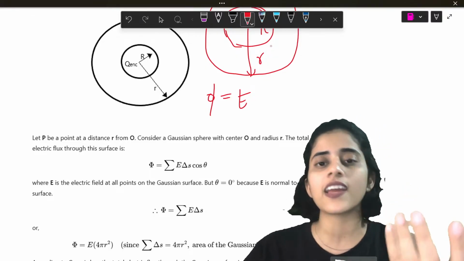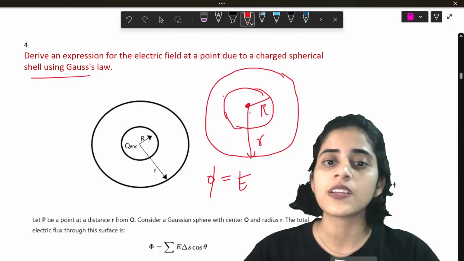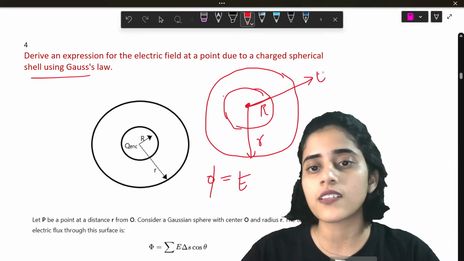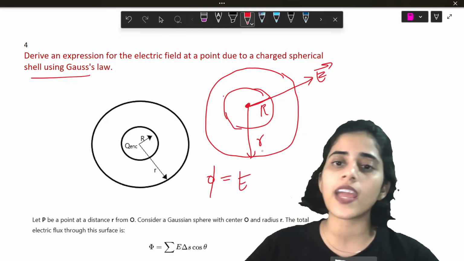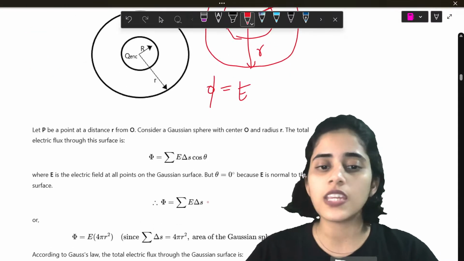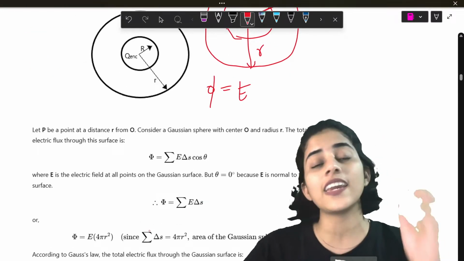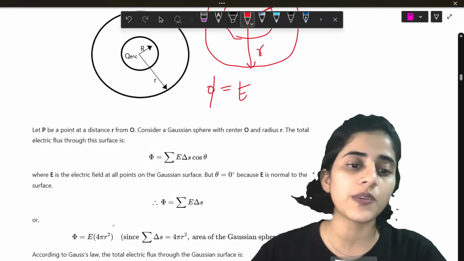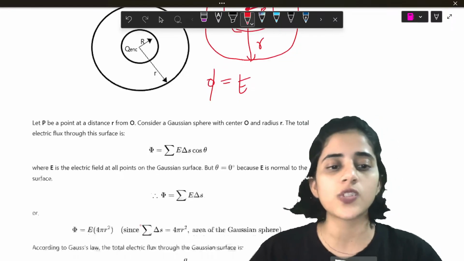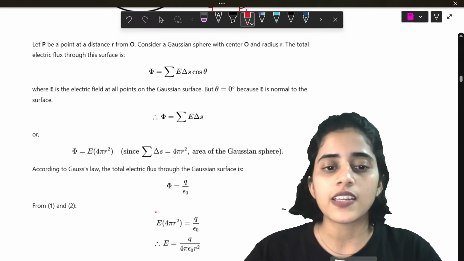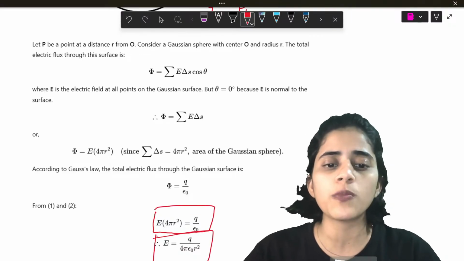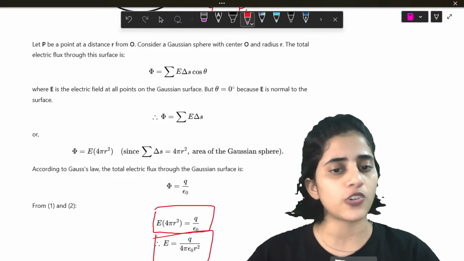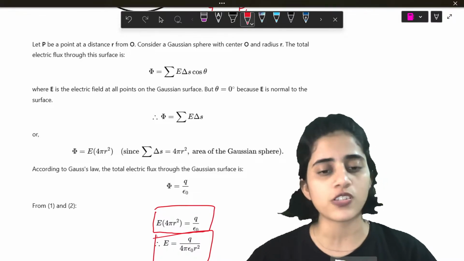But here the electric field is along the direction of the area element, so the angle is going to be 0. So EA cos theta becomes EA. What is area? 4 pi r square. So phi, E into 4 pi r square, is Q by epsilon naught. E is equal to Q by 4 pi r square epsilon naught. So this is basic Gauss law.